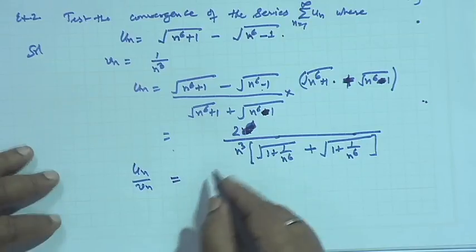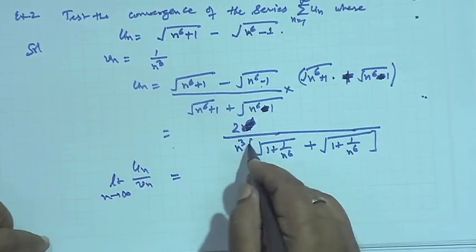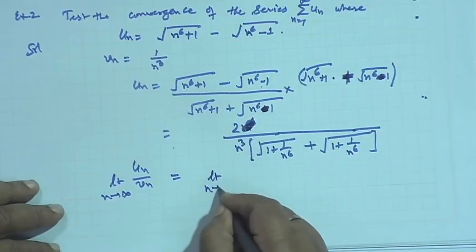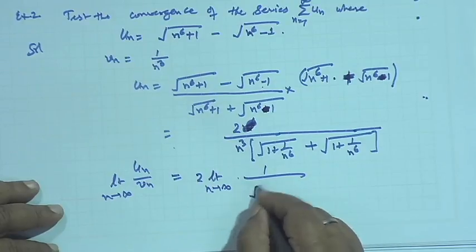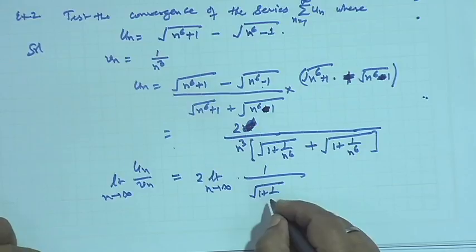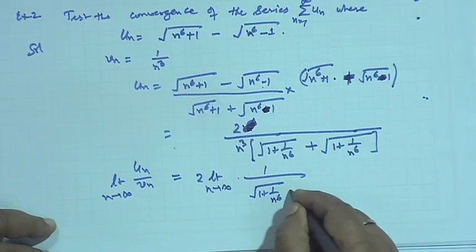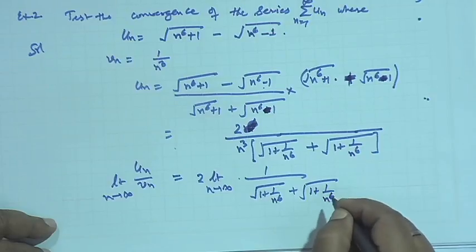So, this is equal to the limit as n tends to infinity. What we get is the limit as n tends to infinity of 2 into 1 over under root 1 plus 1 by n to the power 6 plus under root 1 plus n to the power 6.